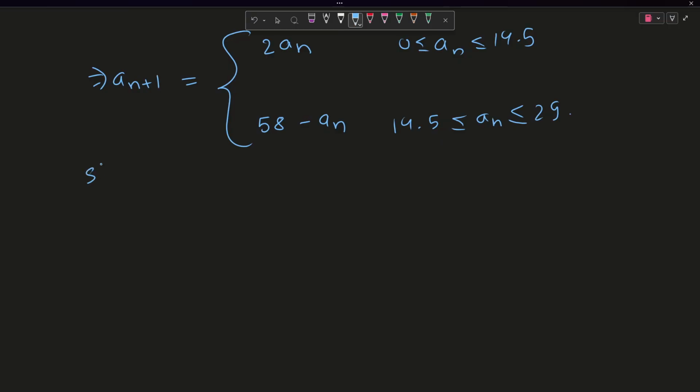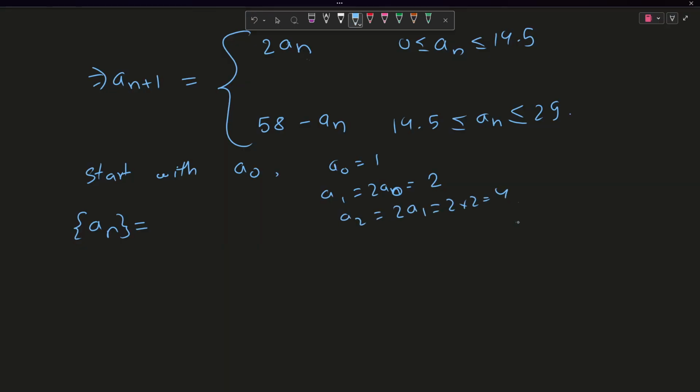So now start with a0, and the sequence an, we just compute. If a0 is 1, then a1 is just 2 times a0, so that is just 2, and then a2 is equal to 2a1, which is 2 times 2, 4, and then we continue.